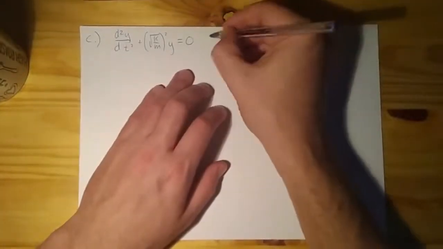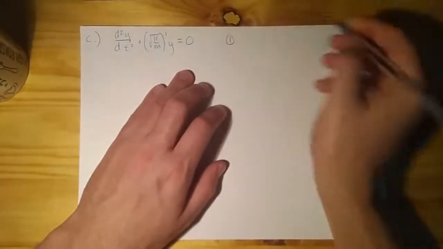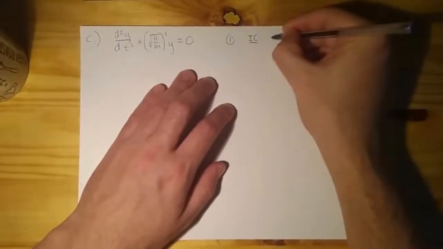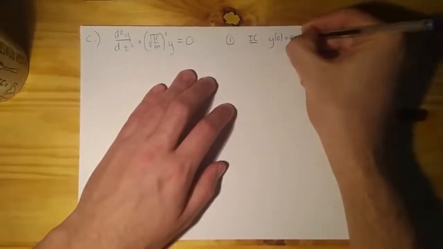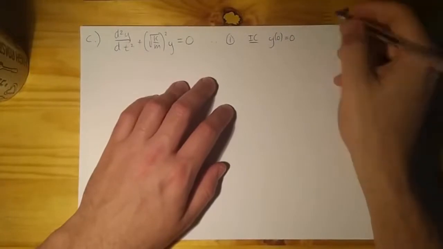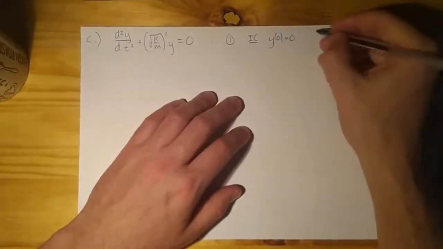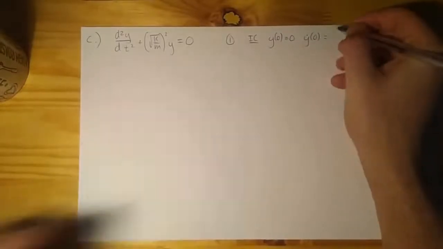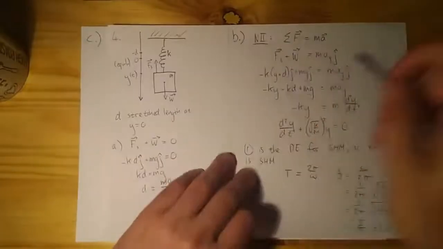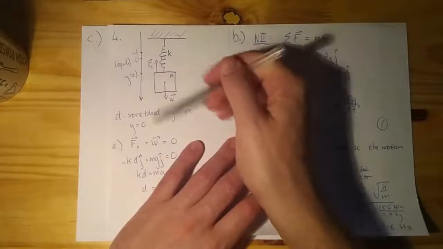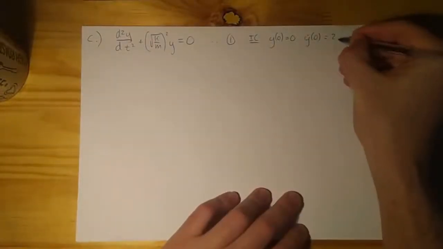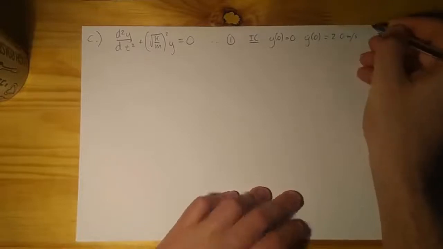Good. We called this 1, and we're given the initial conditions that y of 0 is 0. It's at its equilibrium point when it's given its initial velocity, and that initial velocity is, okay, now plus or minus, that's going to depend on how you set it up. We chose downward to be positive, so it's going to be plus, positive 2.0 meters per second.